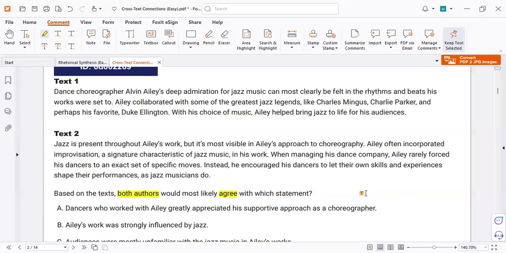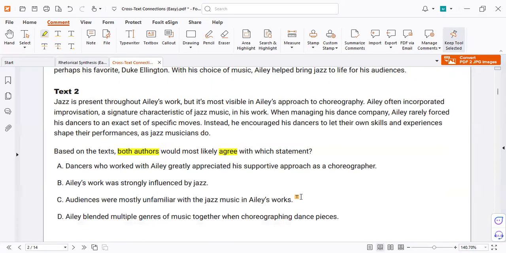It's either A or B. Let's find which one exactly.